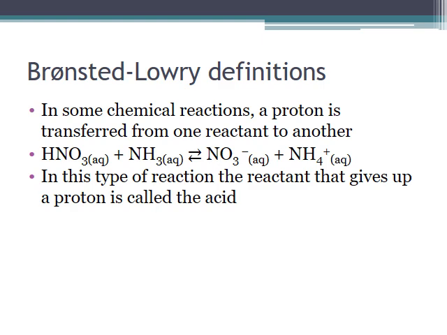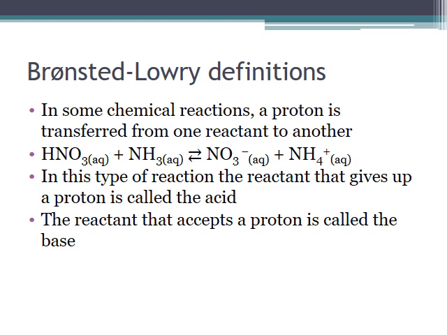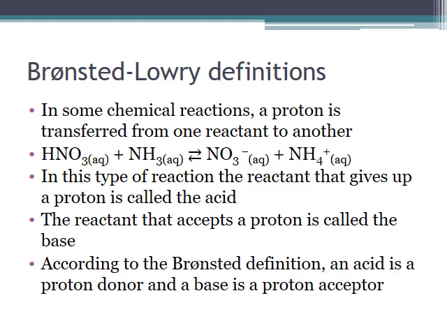It gives up the H+. NH3, ammonia, is the base. So the reactant that donates the proton is the acid. The reactant that accepts a proton is the base. According to the Bronsted definition, an acid is a proton donor, a base a proton acceptor.